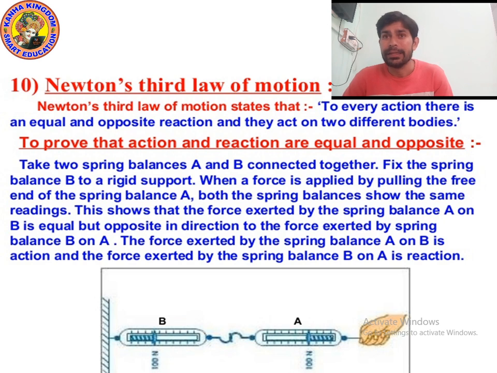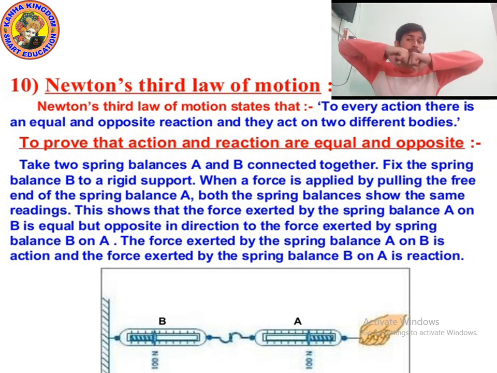Suppose now you pull spring balance A by applying a force on its free end. Then what will happen? When you pull spring balance A, spring balance B will also extend.